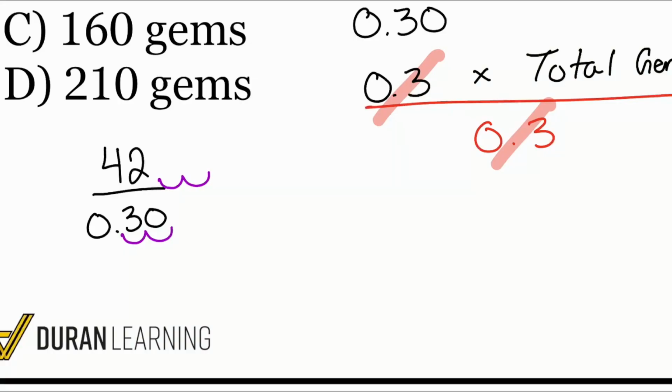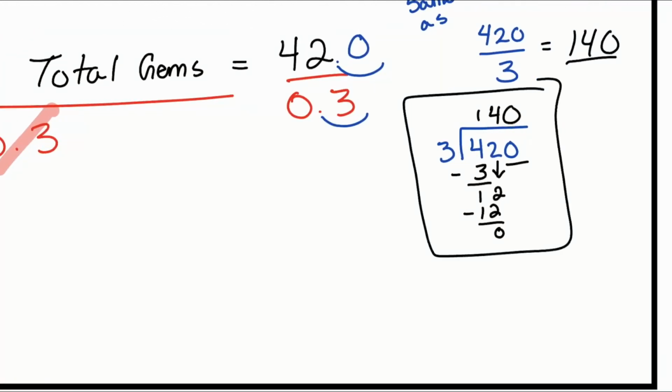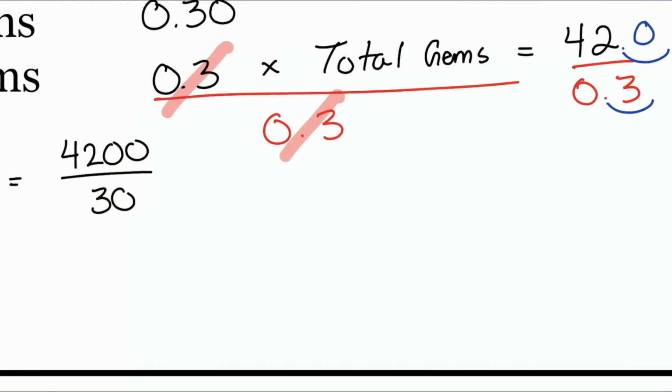And just like we did before, everybody, what are we going to put in those blank spaces? Correct. We're going to be placing zeros. So 0 there and 0 there. So this makes it 4,200 divided by 30. I'm going to prove to you that this is going to get us the same exact answer as this over here.